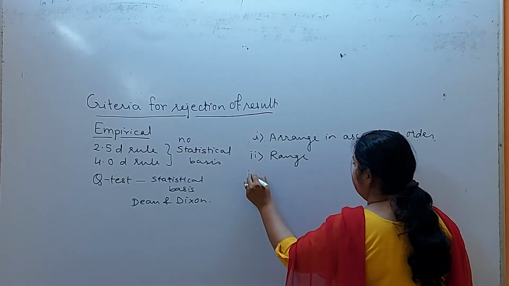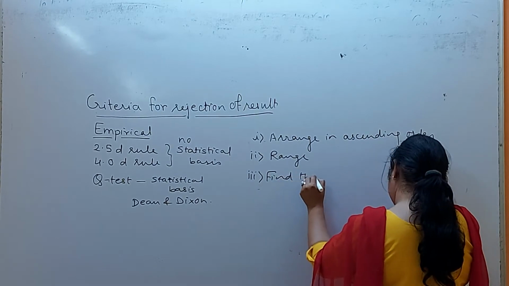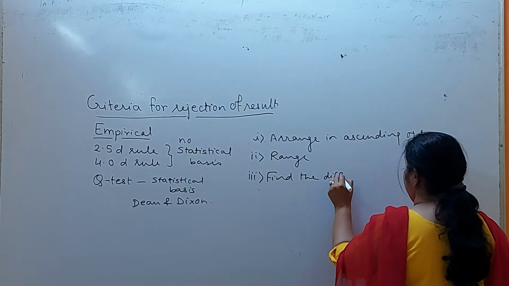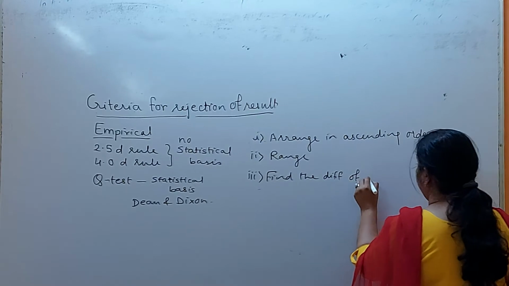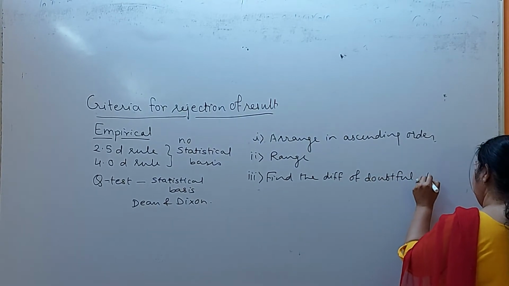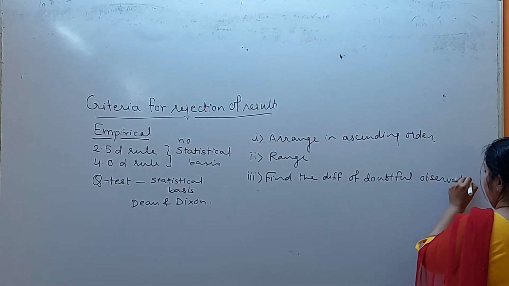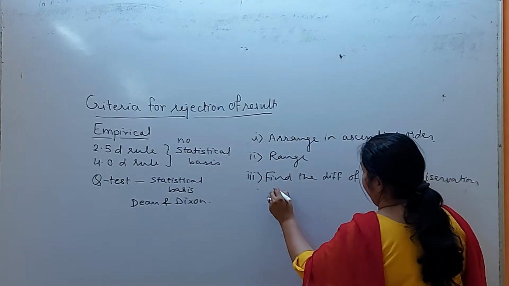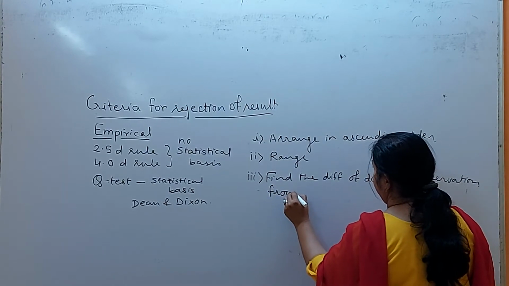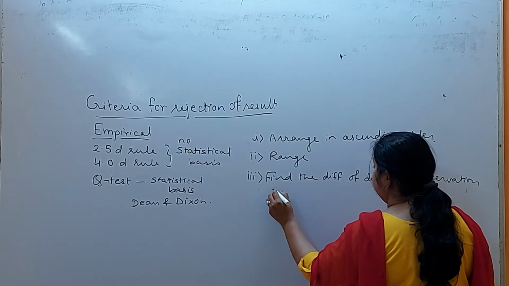So the steps: first, arrange in ascending order. Second, find the range. Third, find the difference of the doubtful observation from its nearest neighbor.